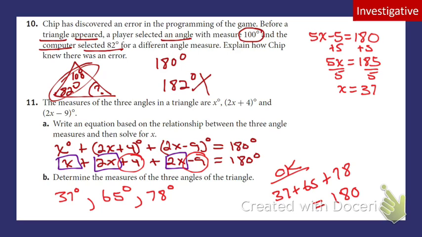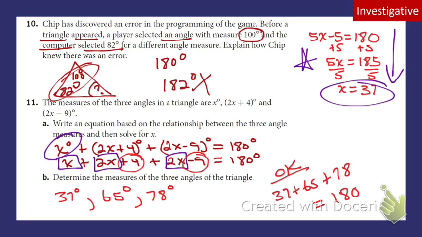Alright, welcome back. So you can see here that when you add all three up and you combine like terms, you should have gotten 5x minus 5 is equal to 180 degrees. And when you solve down for x, you should have gotten x equals 37. Once you got x equals 37, you go back to your original expressions and you substitute for x.